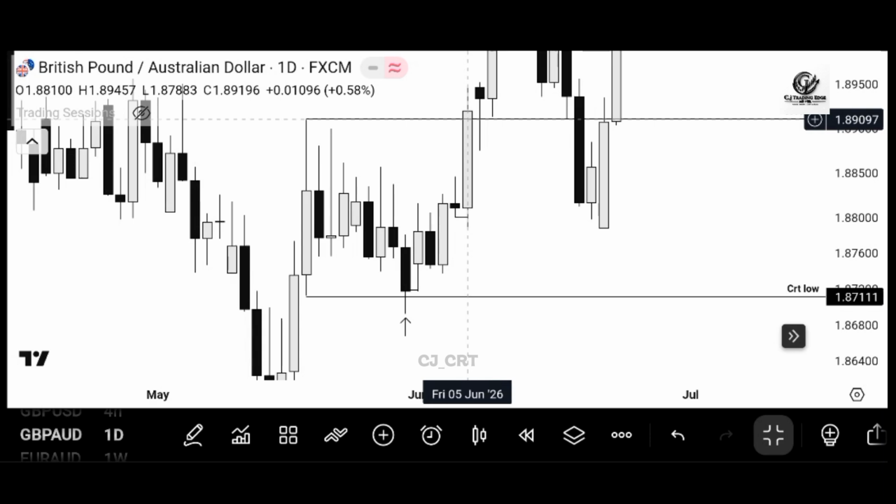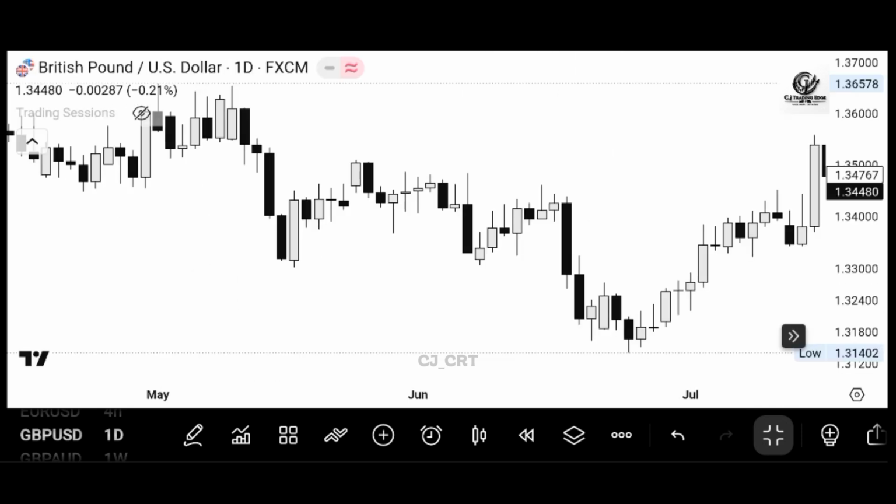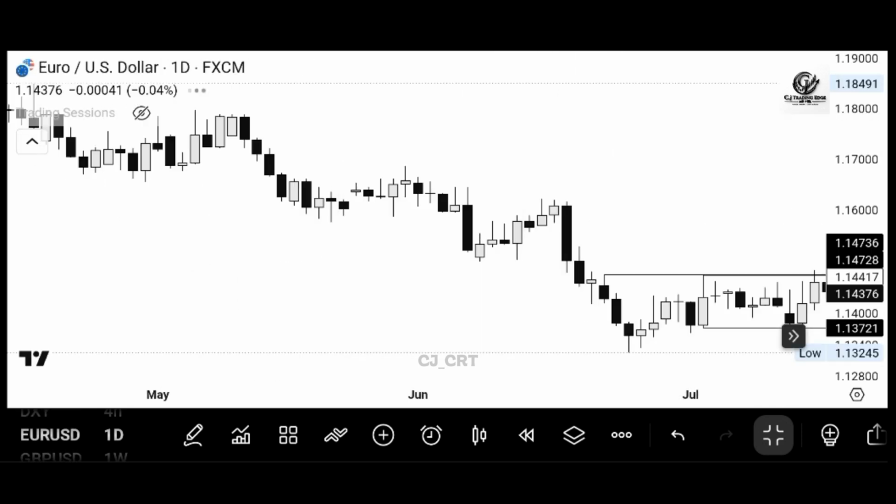Make sure you use the higher time frame as your guide. Let me show you another example before I leave.